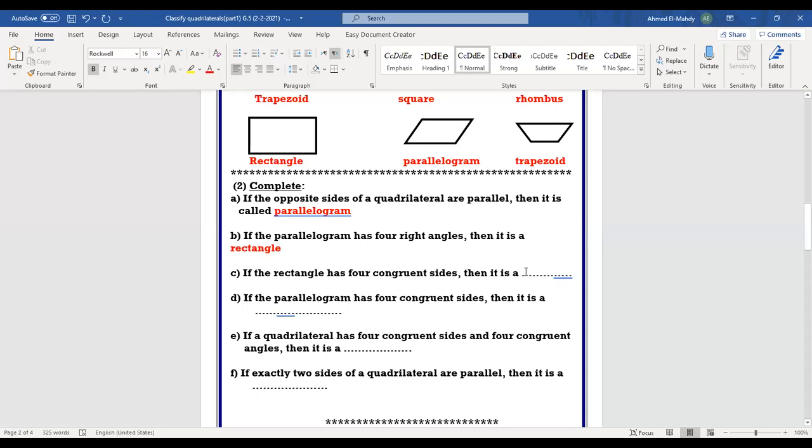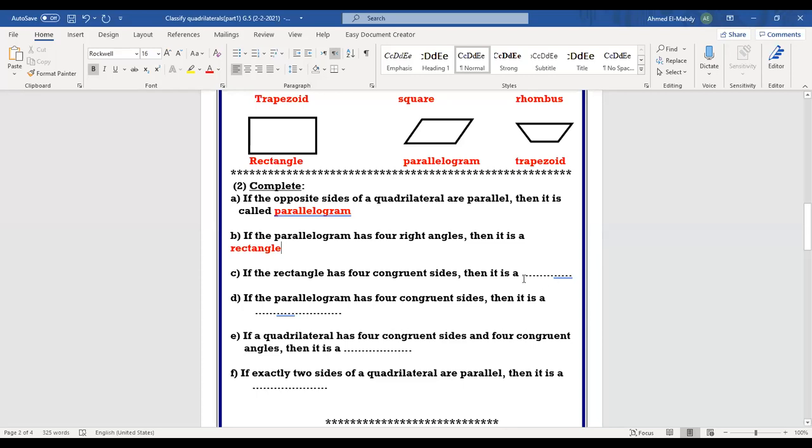Mister, why is it not a square? Because in the parallelogram, are all sides equal? No. So how will it be a square? The square has 4 equal sides. In the rectangle, the same property as the parallelogram: each two opposite sides are equal and parallel, but it has 4 right angles. This is the only difference between them.